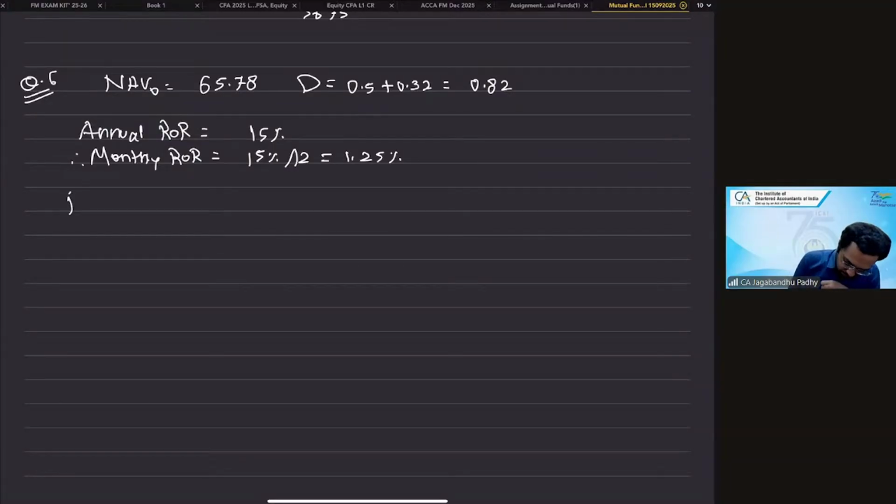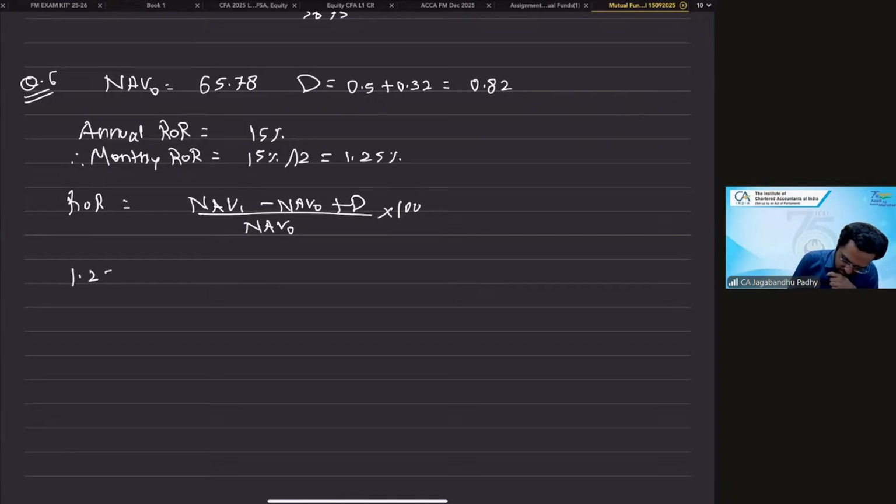Now, how do we calculate the rate of return? It is NAV1 minus NAV0 plus distribution, upon NAV0, multiplied by 100.